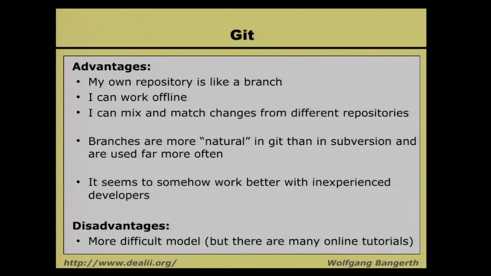But if you're sitting at the airport or in a train or on the plane, you can continue to commit into your local clone. And then when you get back to a place where you do have connectivity, you can push the changes that you made in your local hard drive clone into an online repository, for example.